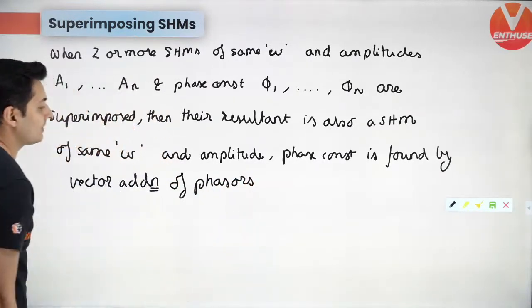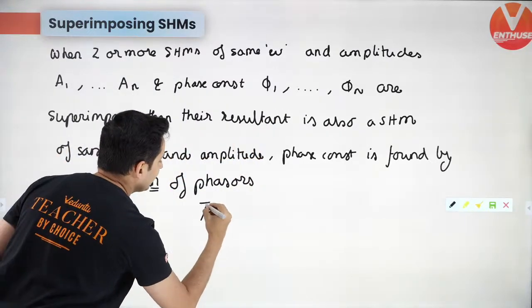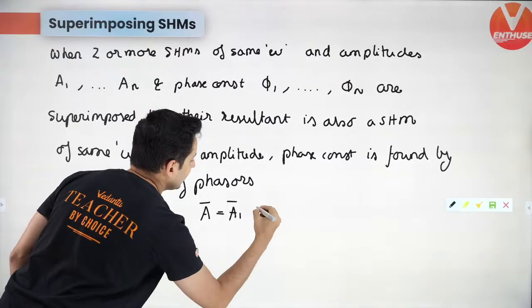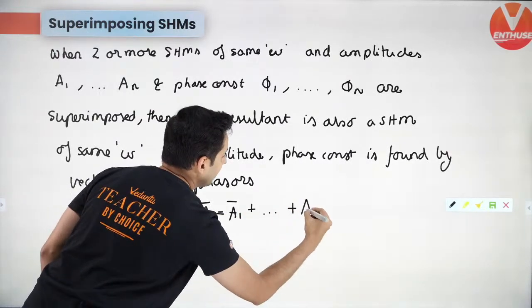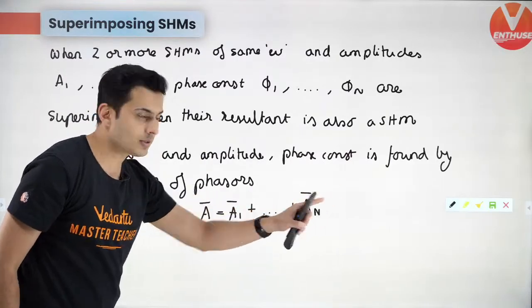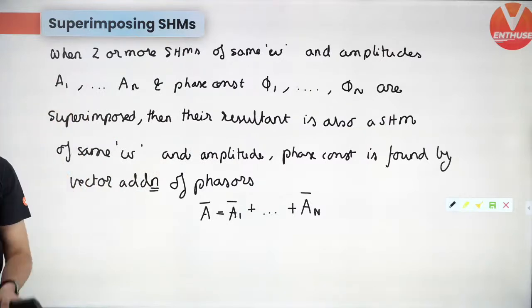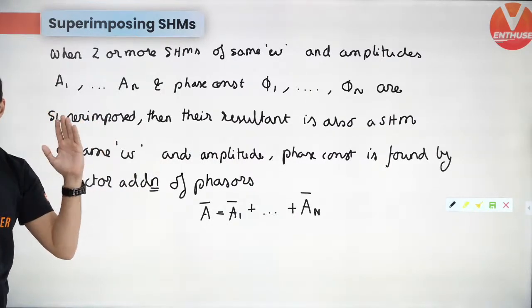Vector addition of the phasors. And hence I will say A vector is A1 vector plus A2 vector plus AN vector. These A's are the amplitudes, but when I put a bar, they represent the phasor of it. So that is what is very important. I hope this is clear.